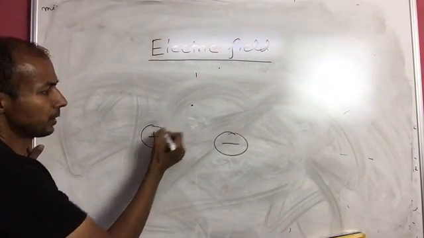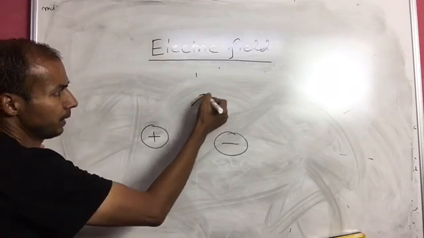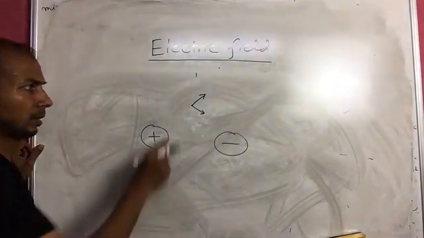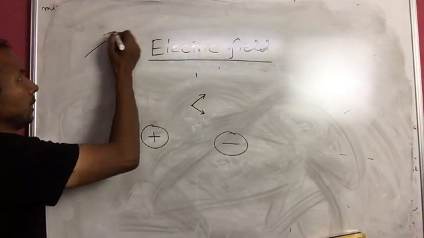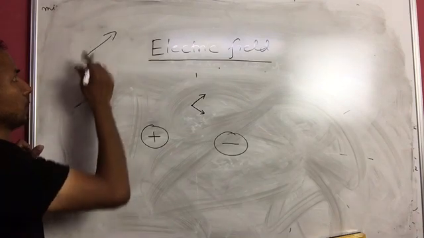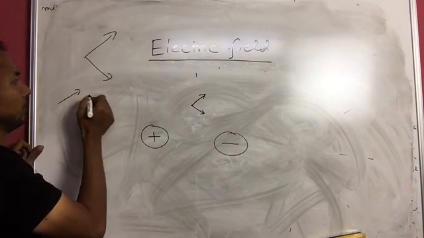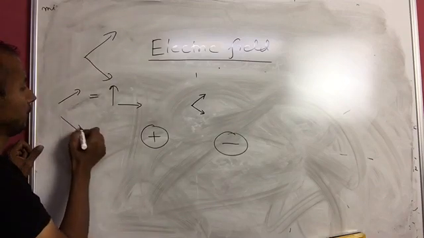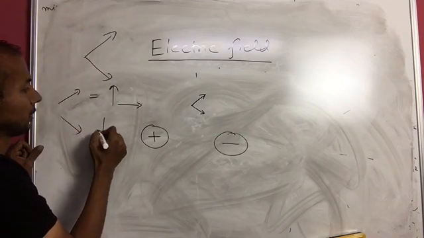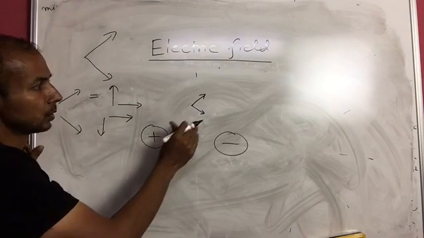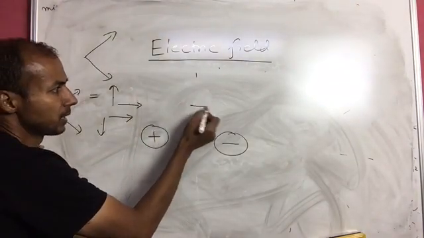If you put a positive charge here, this will repel it, this will attract it. The resultant of these two, if you take these two vectors, so this one will be resolved like this and this will be resolved like this and this. So if you see this and this will add up, this will cancel. So the resultant of these two will be in this direction.